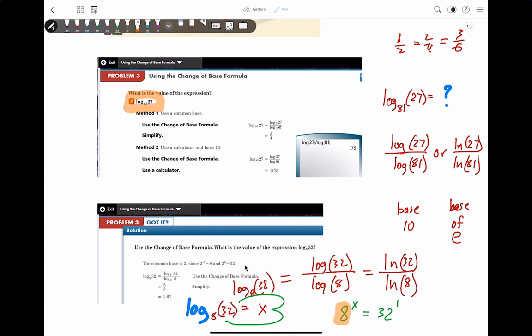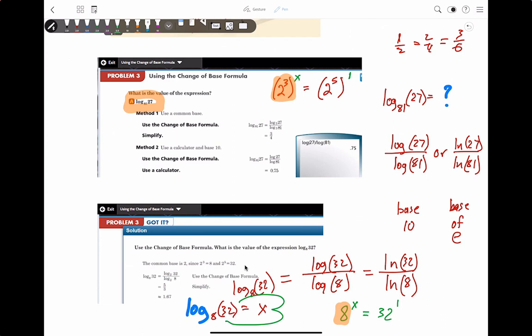So 8 is the same as 2 to the third. Let me make some room. I'm going to do this up top. This x is still out there. Let me highlight so that you understand what I'm doing. And then 32 is the same as 2 raised to the power of 5. And this understood 1 is still out there.